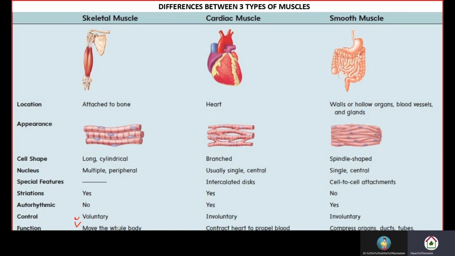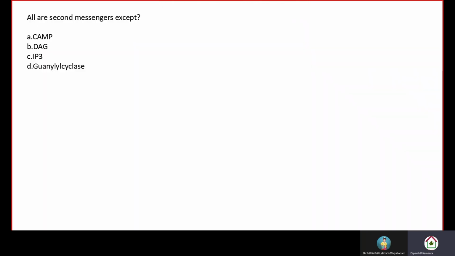Skeletal muscle helps the whole body to move. But cardiac muscle, as you know, is present only in the heart, so it helps in propelling the blood throughout the body. Smooth muscle compresses the organs, ducts, and tubes, like the urinary bladder. So this is about the difference of the three muscles.